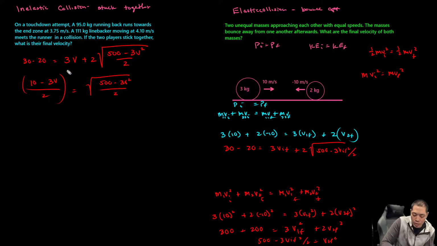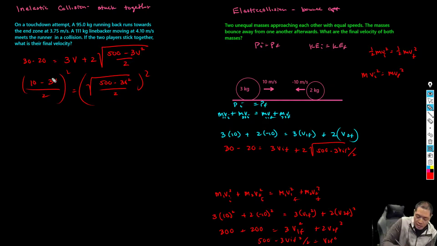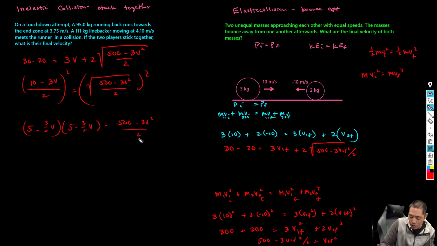We're going to square both sides. So I'm going to simplify this entity into 5 just to make my life a little bit easier. So 5 minus 3 halves v times 5 minus 3 halves v equals 500 minus 3v squared over 2.